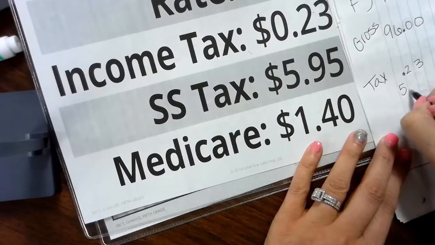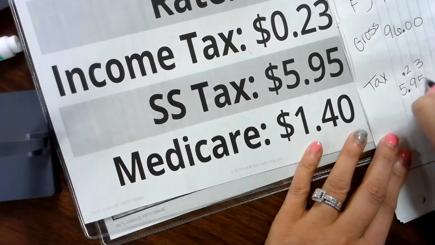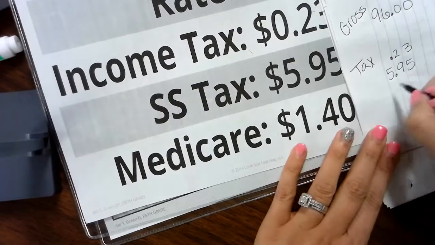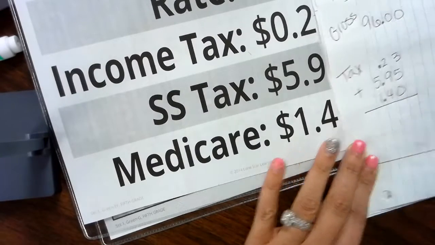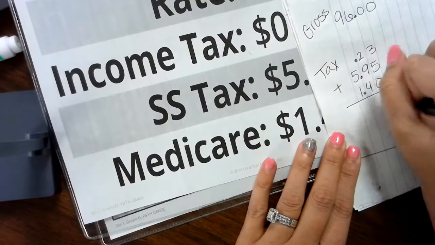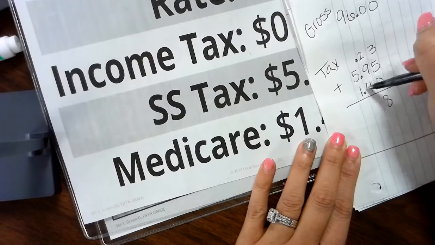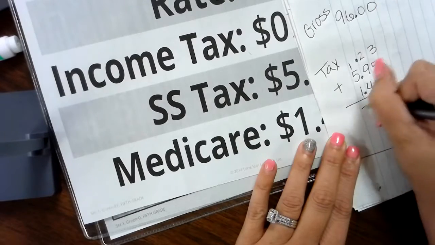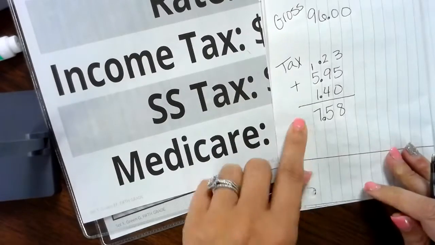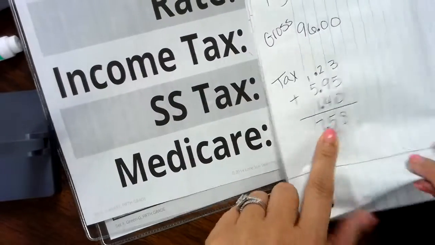When I add, I do line up decimals. $5.95 and $1.40. So I'm going to add up all my tax. So that's 3 plus 5 is 8, 9, 10, 11, 12, 13, 14, 15. Carry the 1, 5, 6, 7. So they're going to take out $7.58 out of my paycheck.